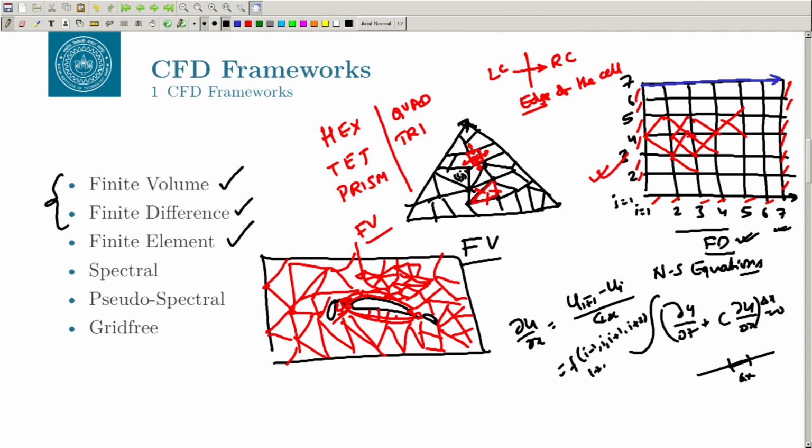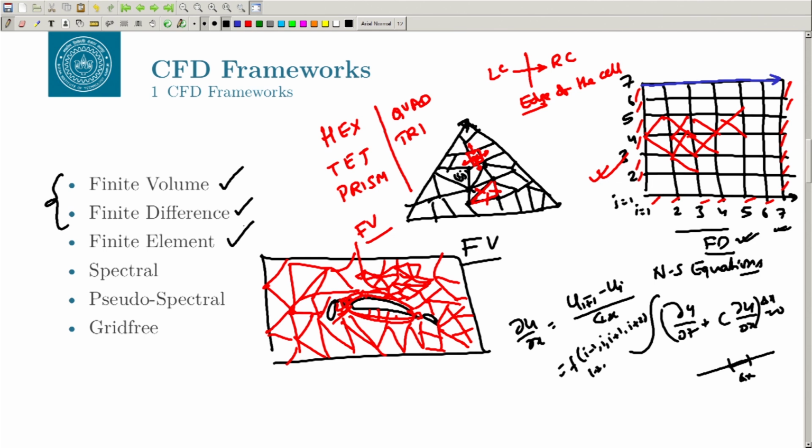Okay. Then there are approaches like the finite element. This is more involved, but it is very accurate. It started from structures, but now it is also very popular in CFD. Some of the research codes use this finite element approach.